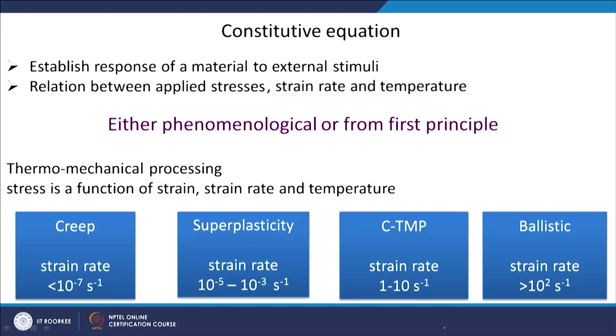That helps us to develop some equations, and this equation can then be used to model the process. So, once you have this constitutive equation data, you can use it to model, for example, forging, extrusion or rolling process.